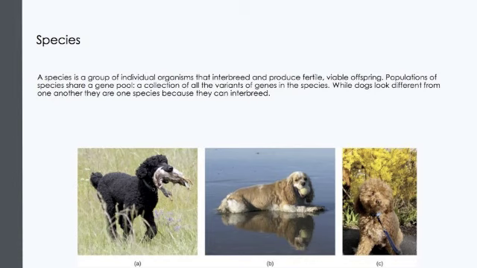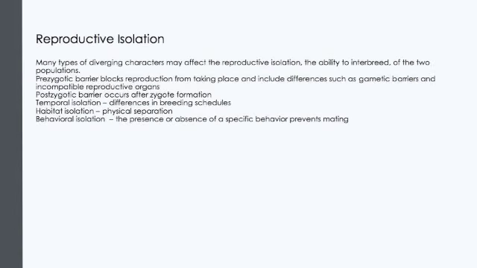Moving on, clearly, a fly will not mate with a frog or a fern, but what prevents closely related species from interbreeding? What, for example, maintains a species boundary between the eastern meadowlark and the western meadowlark?